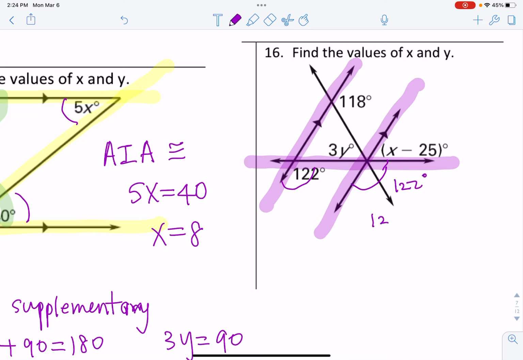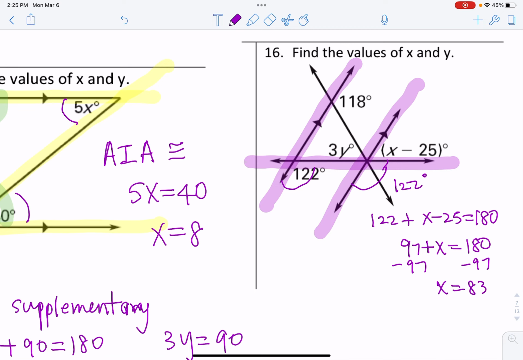Then 122 degrees plus x minus 25 will be 180 degrees. Then 122 minus 25 will be 97, plus x equals 180. And you subtract 97 on both sides, then you get 180 minus 97 will be 83.